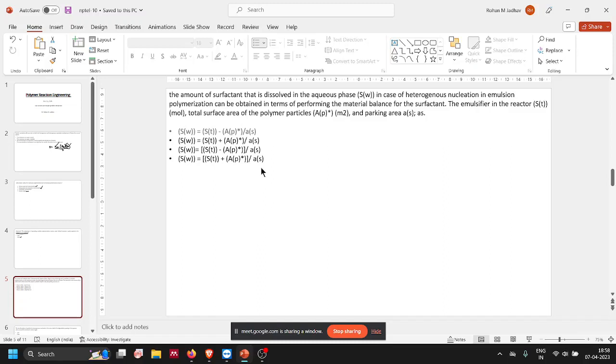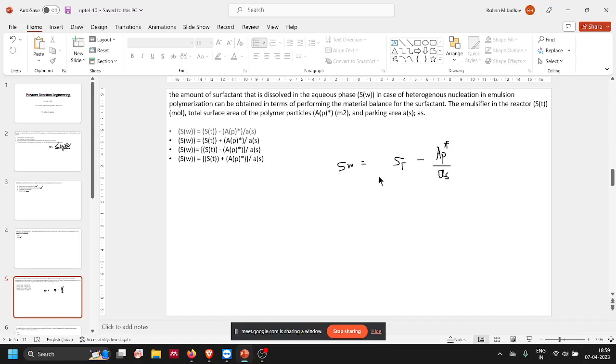If you have seen the lecture notes, the common expression for this is that SW depends upon Sp minus A B star by AS.